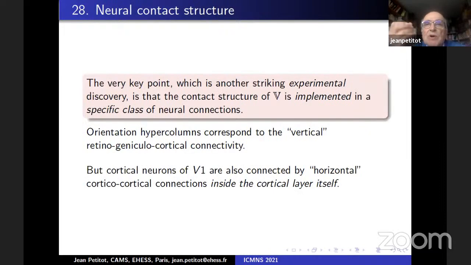Now, the very key point for the neurophysiological level, which is another striking experimental discovery, is that the contact structure of V1 is implemented in a specific class of neural connections. Orientation hypercolumns correspond to the vertical retinogeniculocortical connectivity, but cortical neurons of V1 are also connected by horizontal cortico-cortical connections inside the cortical layer itself.